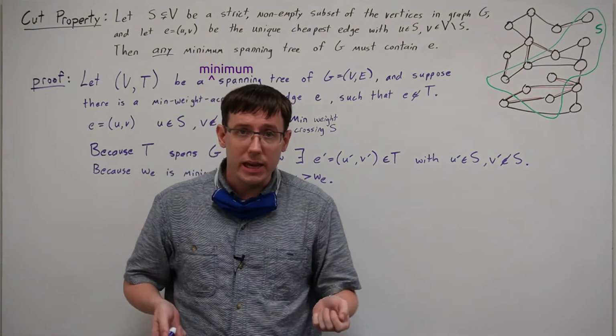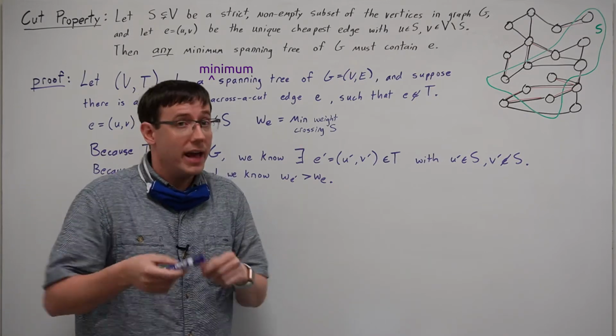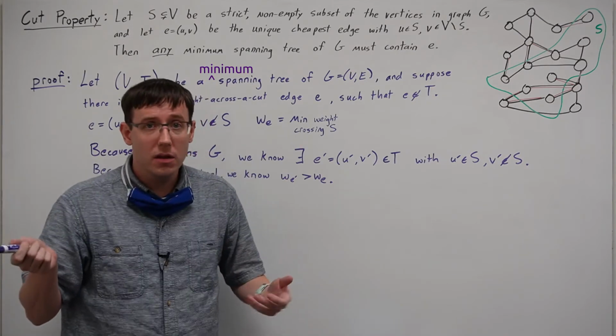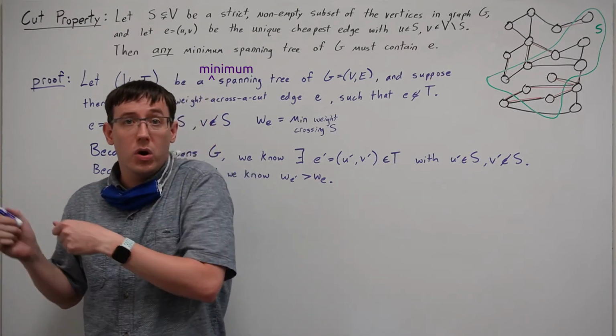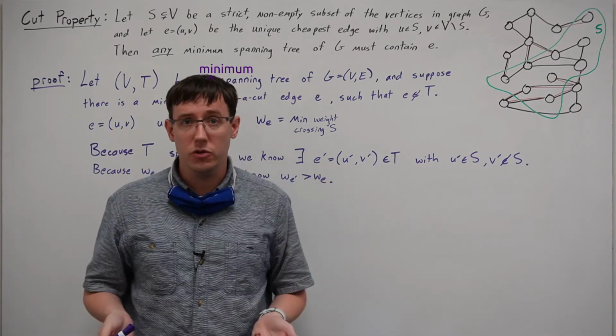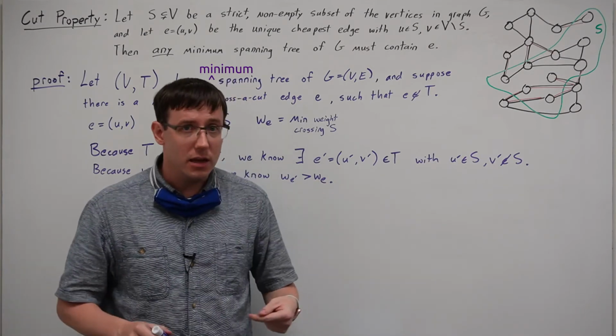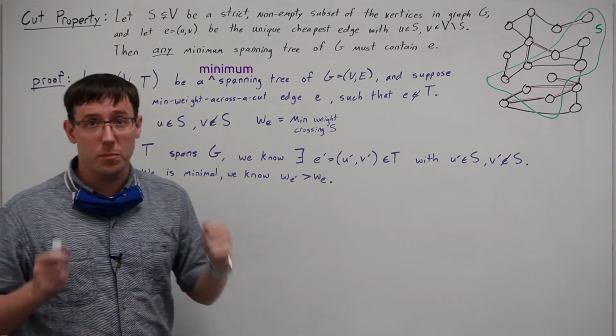So if T has some other edge that crosses the cut, and that edge has a higher weight, that means that we could take out that other edge and put in E in order to lower the cost of the tree. And if that's the case, we know that this spanning tree wasn't minimal.